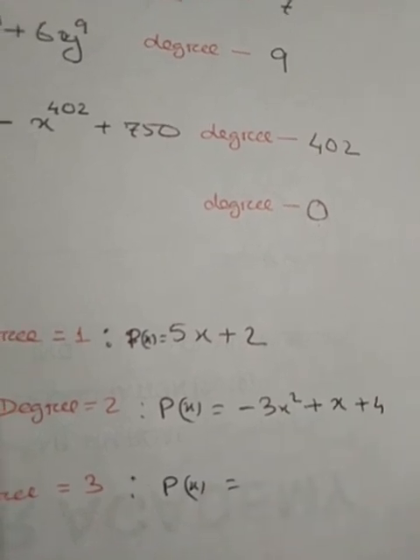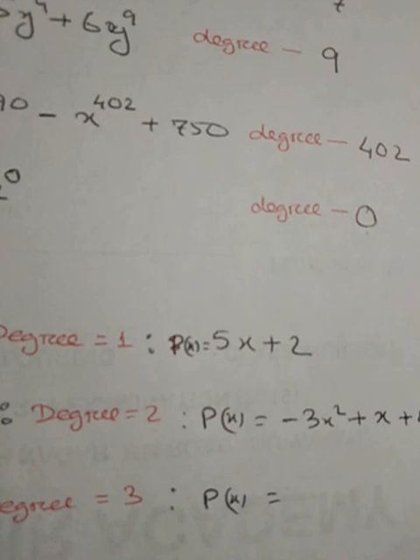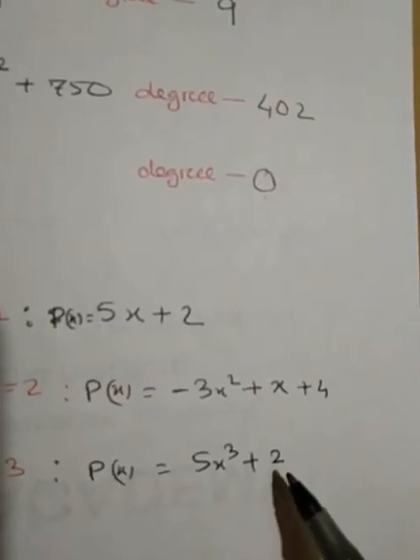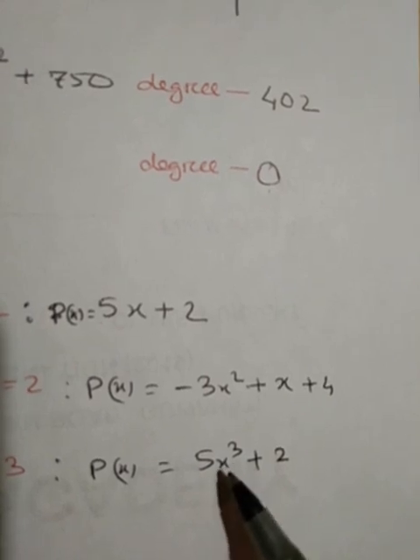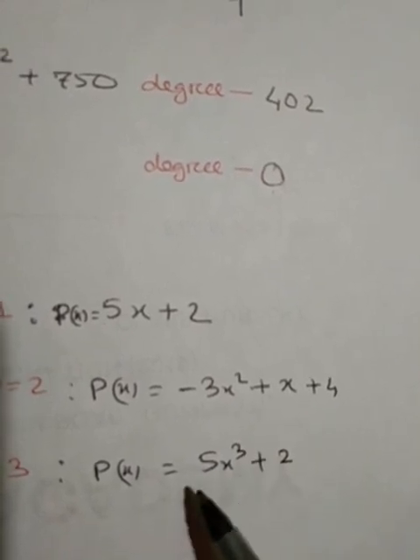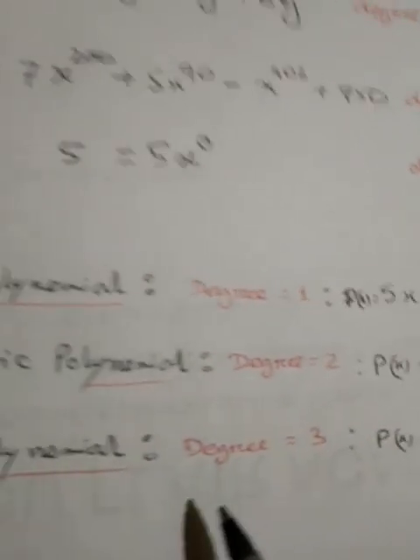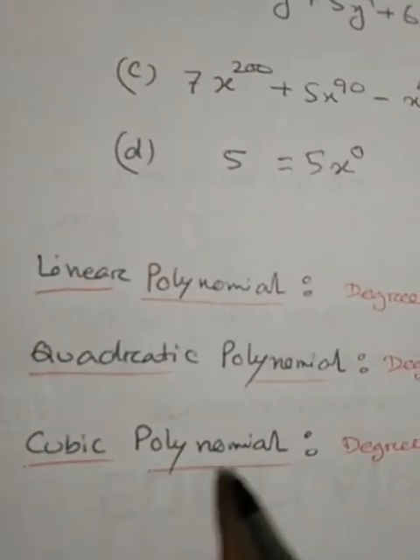Then again, one polynomial of degree 3, 5x cube plus 2, the highest power of the variable is 3, so the degree is 3. That means this is one example of a cubic polynomial.